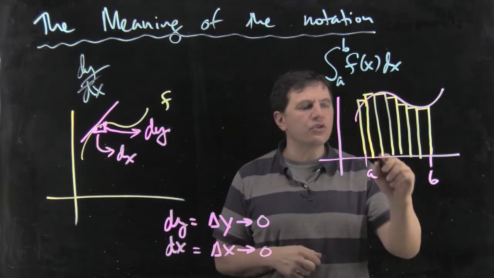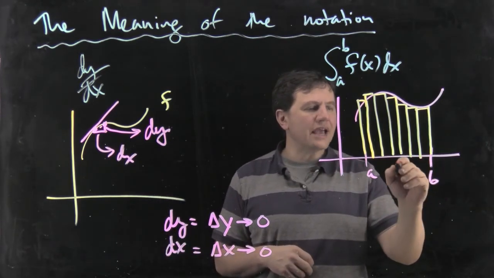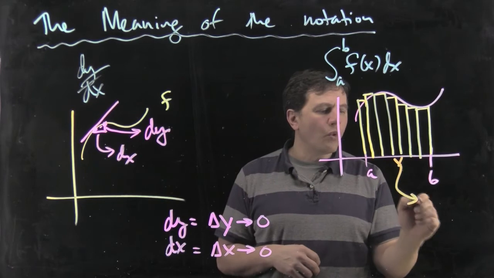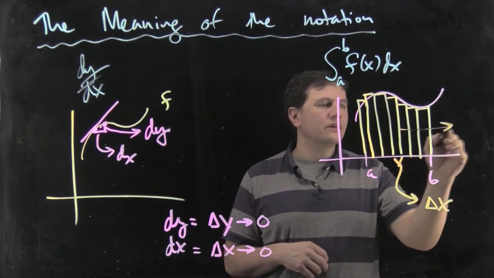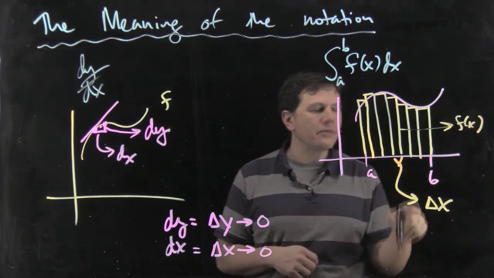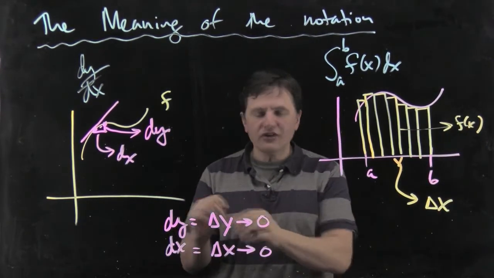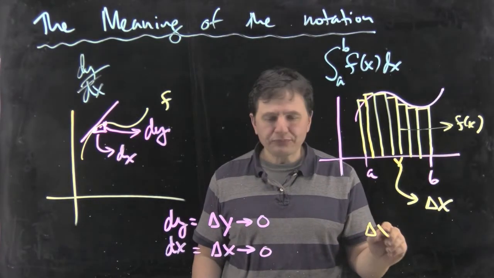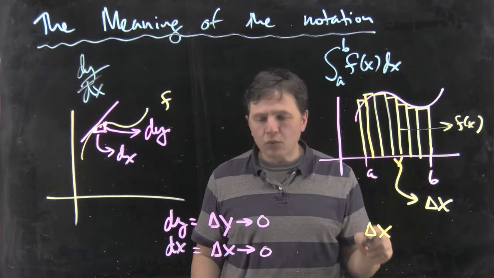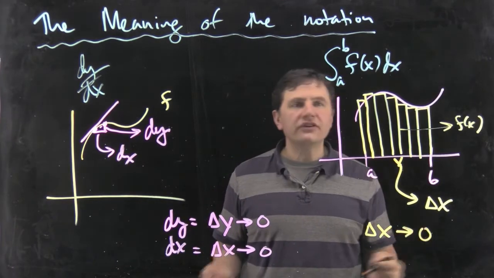If you think of each one of these rectangles as having a width of delta x and a height of f of x, then really what we're doing, just like we did over here, is taking delta x and limiting it to 0.